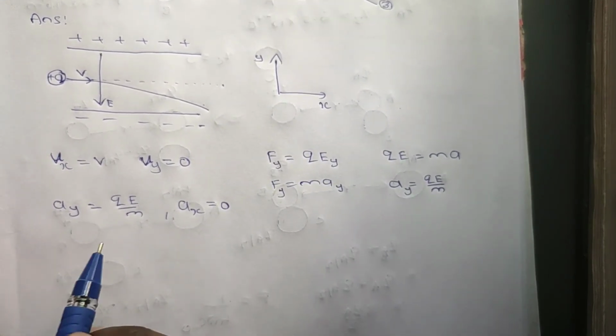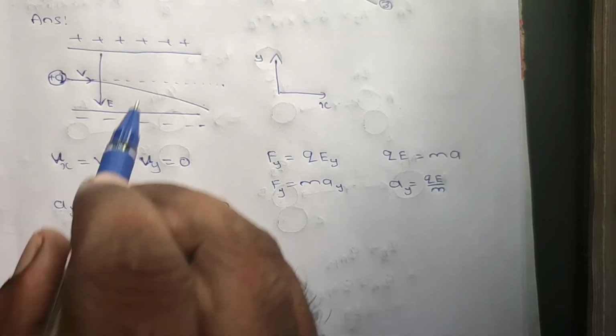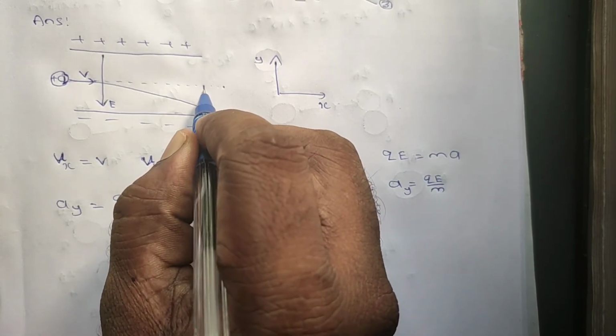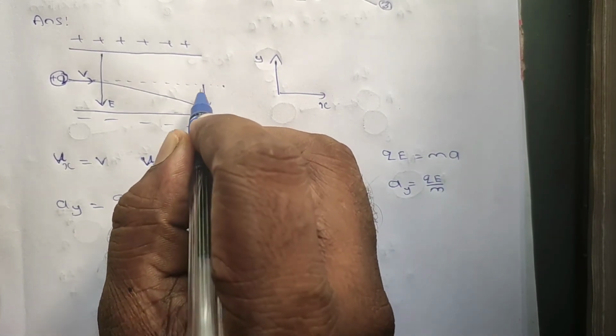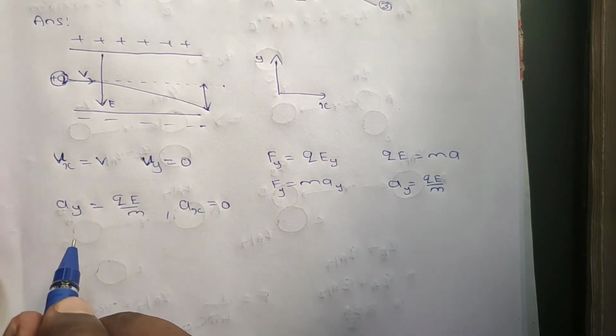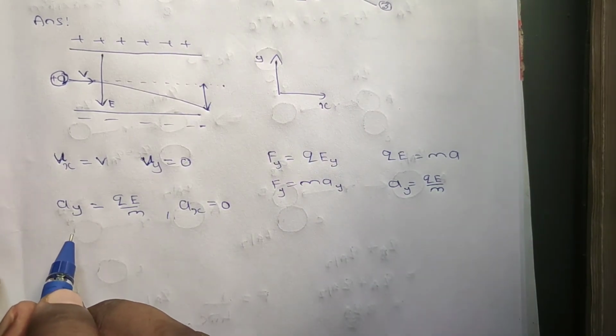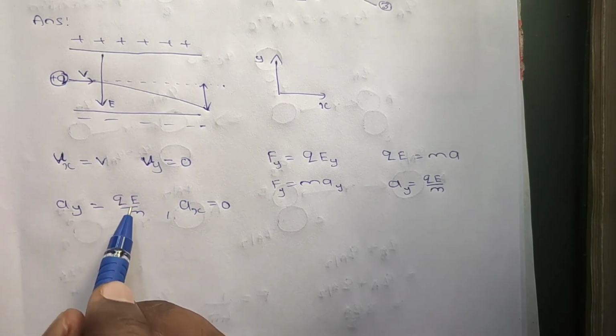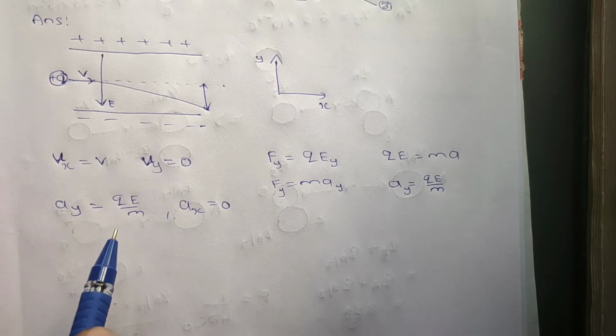Then next, there is a force acting on the y-axis. So what is the displacement along the y-axis? This is the displacement. This can be found out by using which equation? The motion equation. Here Q is constant, E is constant, M is constant, so the acceleration is constant and we can apply it.